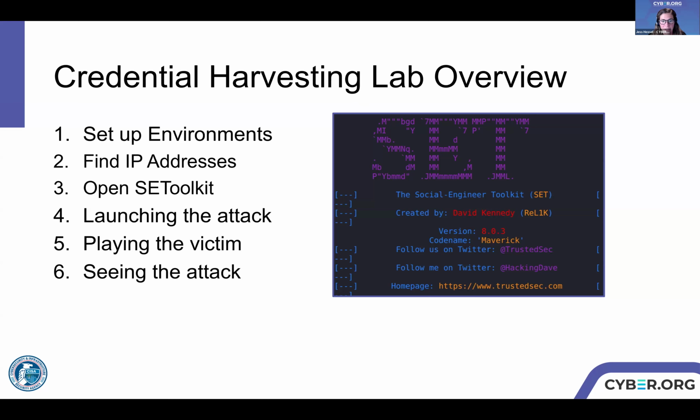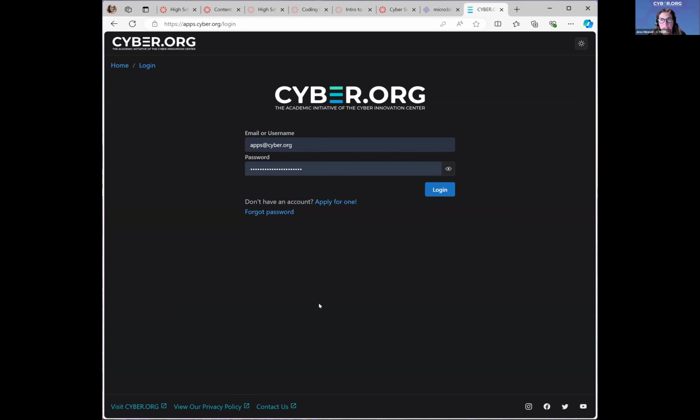So we are going to go to apps.cyber.org. Charlene has put the link in the chat for you. You're going to type in the random string of characters that we've created for you as your username, and then the very secret secure password that is the same for all of you.